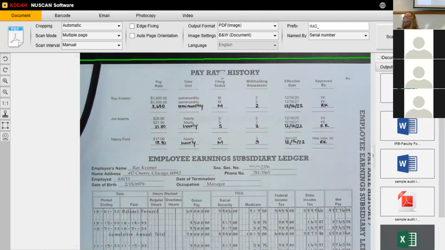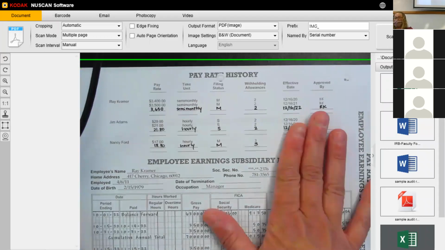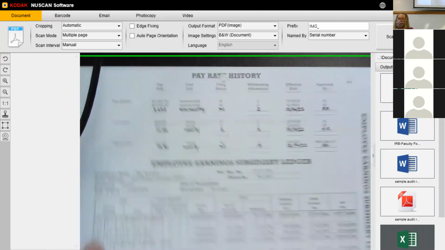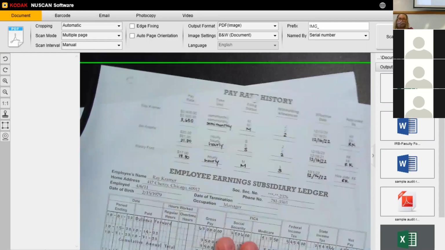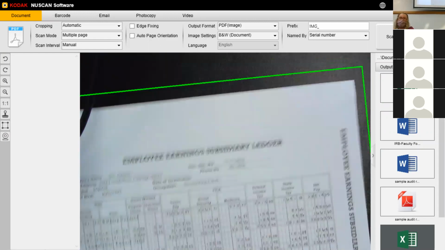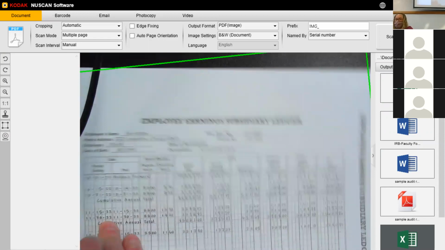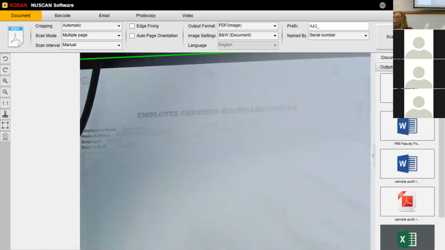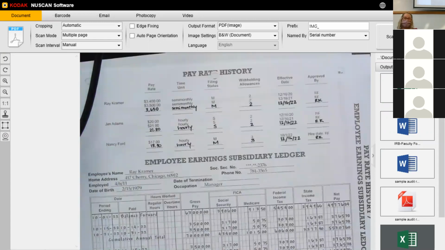So this is our reference table, so that when we prepare our subsidiary ledgers for the 3 employees, we have one for Ray, one for Jim, and one for Nancy. And when we update the payroll and the cash disbursements journal, we have those as records.